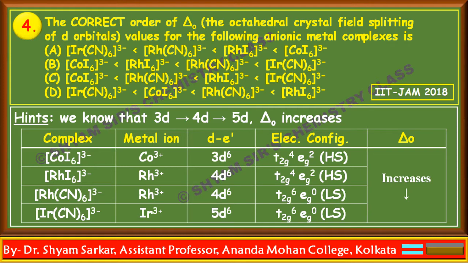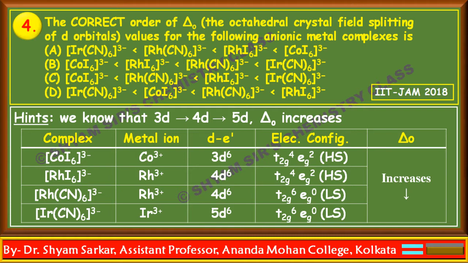Now if you see the electronic configuration, that is t2g4 eg2 high spin for the first complex, t2g4 eg2 high spin for the second complex, t2g6 eg0 low spin for the third complex, because in this case the cyanide ligand is there, CN- is a strong field ligand, so it will be a low spin complex. Again for the fourth case also low spin, because CN- is there, this is strong field.